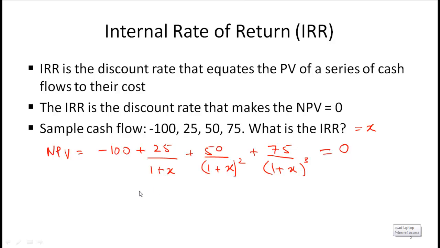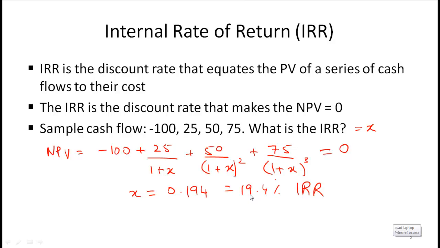But if you spend enough time, you will notice that X is equal to 0.194, which is 19.4%. So this is the IRR for the project.